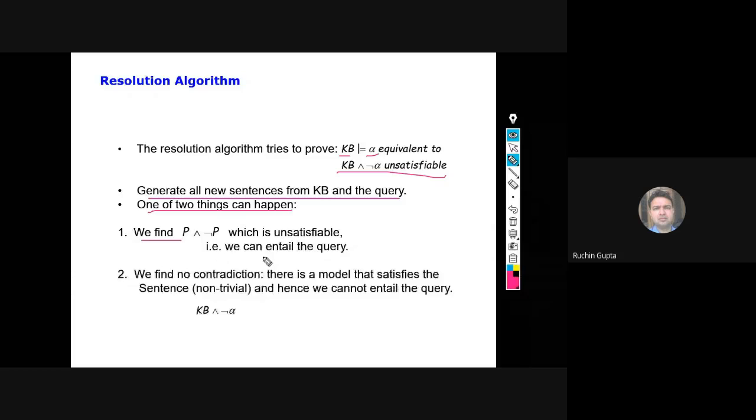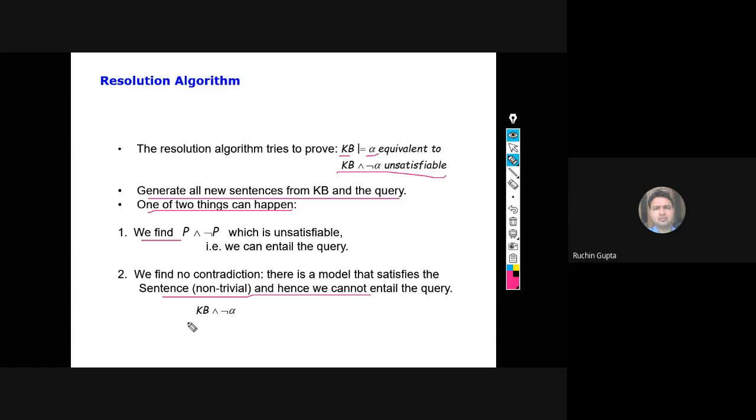It means that we can entail the query if we find that knowledge base and negation of alpha is unsatisfiable. It means that alpha can be derived from this knowledge base. If we find no contradiction, then there is a model that satisfies the sentence and we cannot entail.